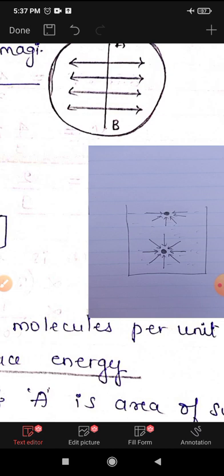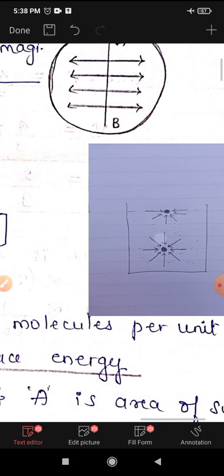So when we want to take a molecule from inside the liquid to the surface, we have to drag this molecule from this place to this place, which is in the opposite direction to the downward force.